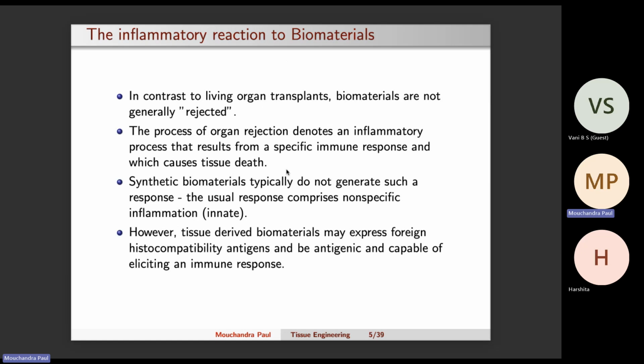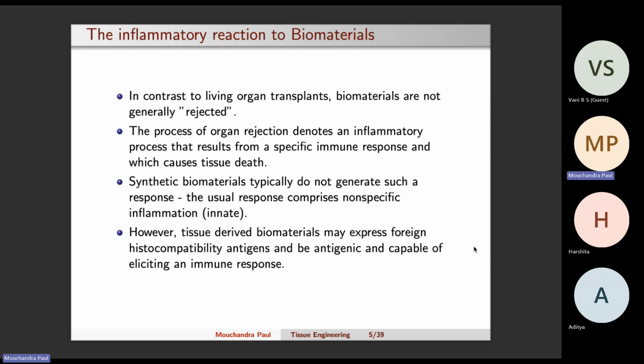But this type of response is not seen when you are using synthetic implants which have some biomaterials in them. In those cases they are not really rejected. Our body does not cause death the way organ rejection happens. The body does not reject that way.